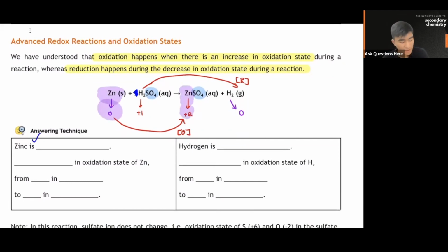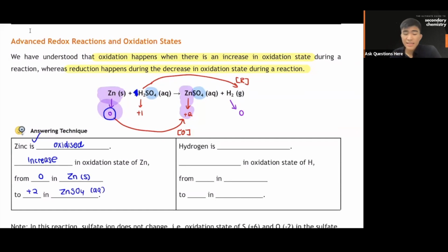So you must tell me first what is being oxidized. Zinc is being oxidized. And why is it oxidized? Because of the explanation: increase in oxidation state of zinc, originally 0 in zinc, to plus 2 in zinc sulfate.